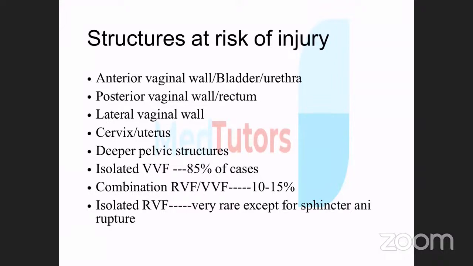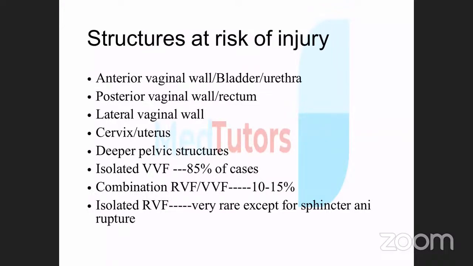So the anterior vaginal wall, the bladder, and the urethra are at risk, while posteriorly, the posterior vaginal wall and the rectum are at risk. Similarly, the lateral vaginal wall could rarely be involved. Can also have the cervix or the lower part of the uterus. Of course, the deeper pelvic structures are entrapped between the head and the other structures.